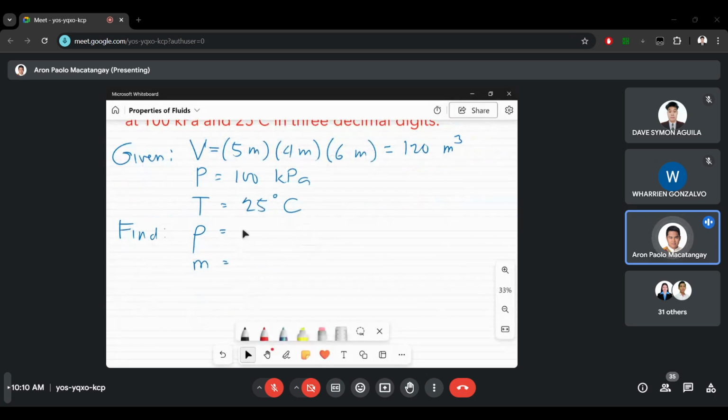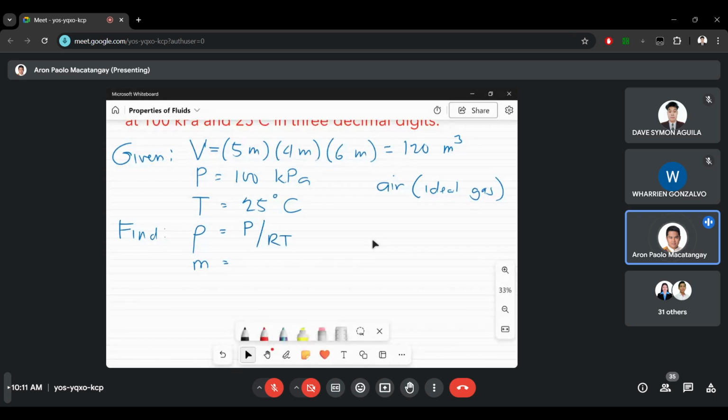So for density, since this is air, I will write air here so I will be reminded that I need the ideal gas equation. So for density, from our slides earlier, that will be P over RT.